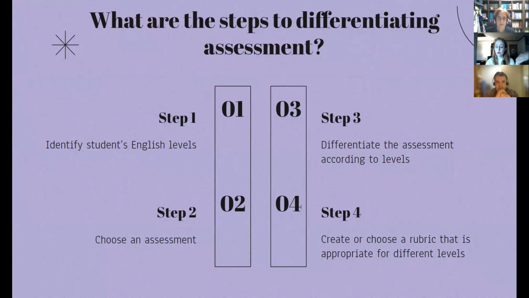Okay, so today we're going to be talking about identifying English levels, choosing appropriate assessments, differentiating that assessment, and we'll talk about rubrics some. So Heidi and Nicholas, where are you two from? Well, I'm American originally, but I came to Korea 20 years ago. A while ago.